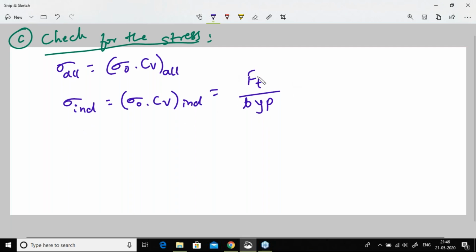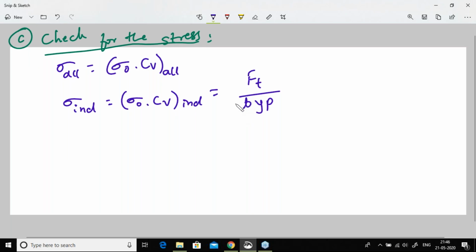In this, Ft is nothing but, in substep A, whatever Ft value we get in terms of M, by substituting that value of M when LHS becomes more than or equal to RHS, we have to get the value of Ft and substitute that.